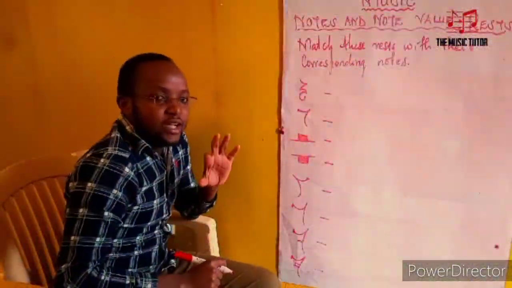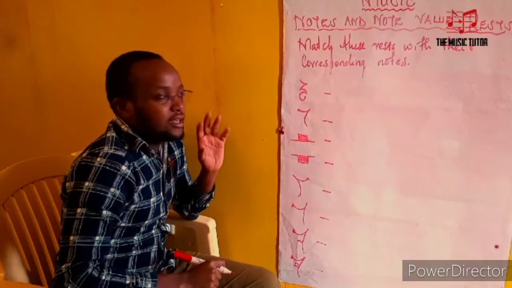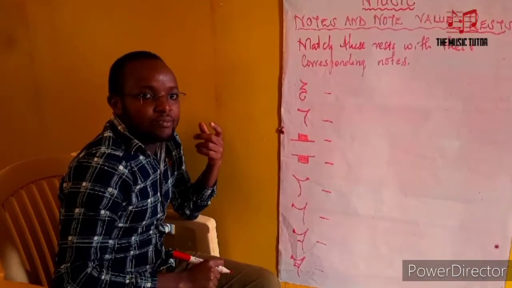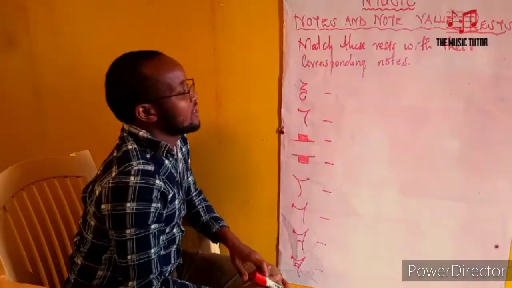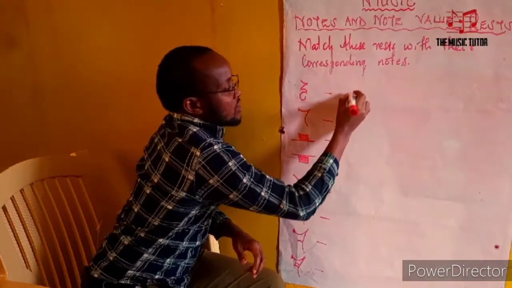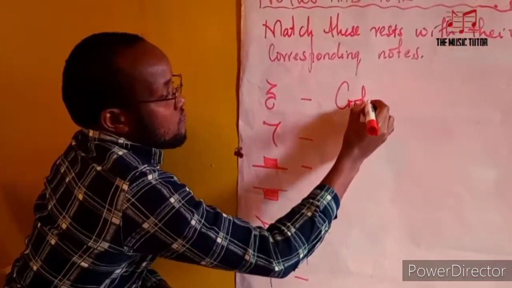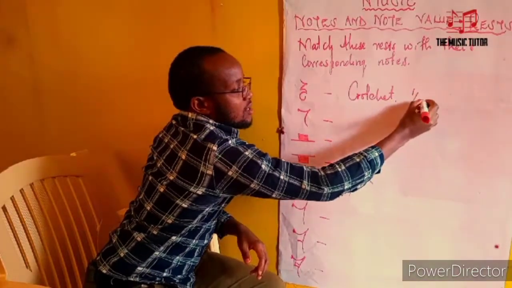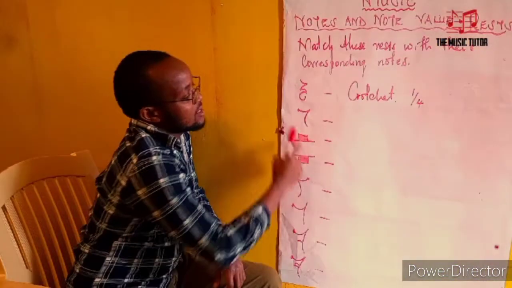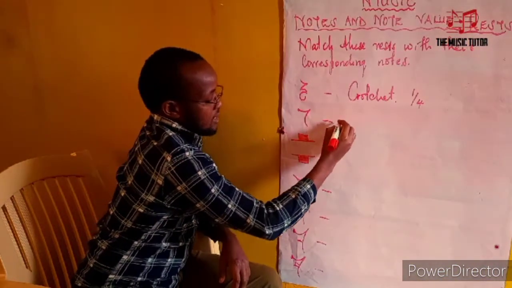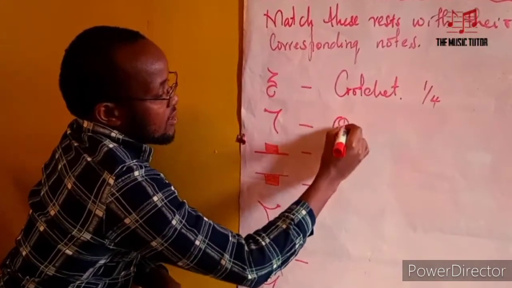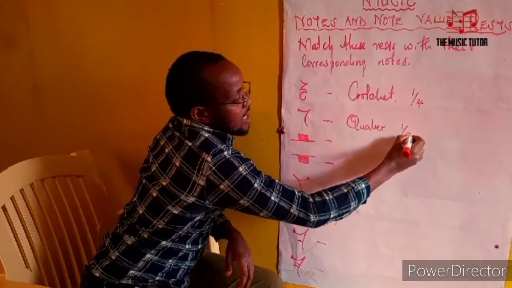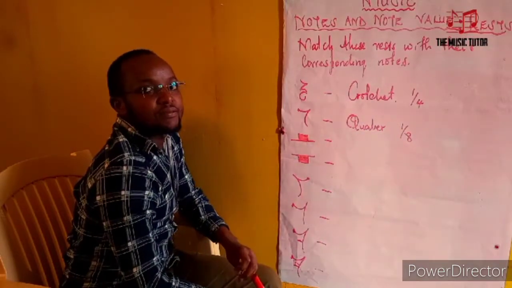Now, let us try to match the rests that we have on the board with their corresponding notes. The first one here, this is a crochet rest, meaning it's a quarter note. The second one here, it is a quaver rest, meaning it is an eighth of a note.